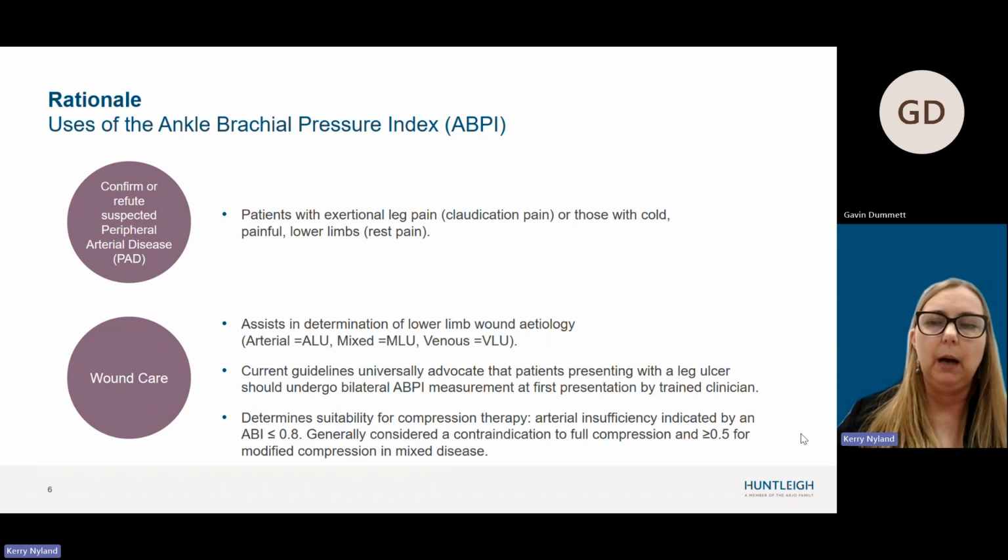So the ABPI can help guide compression levels. And in the absence of any other contraindications, an ABPI of 0.8 to 1.3 would mean that you could use strong compression. 0.5 to 0.8 may be suitable for reduced compression, but would likely be under the recommendation of a specialist TVN.